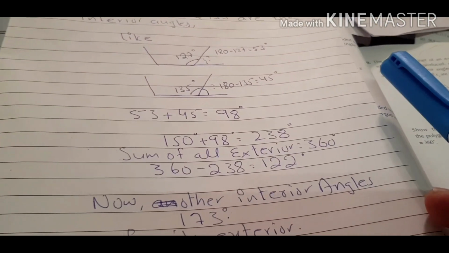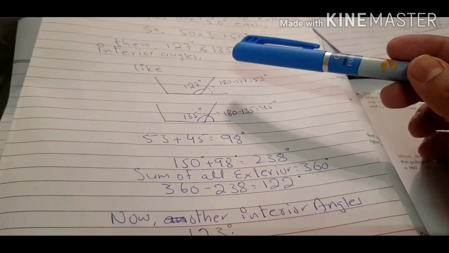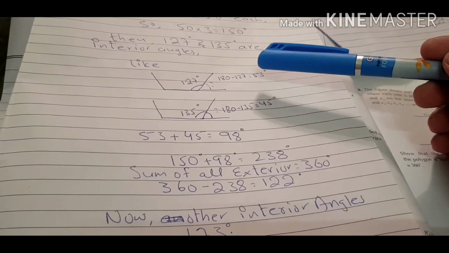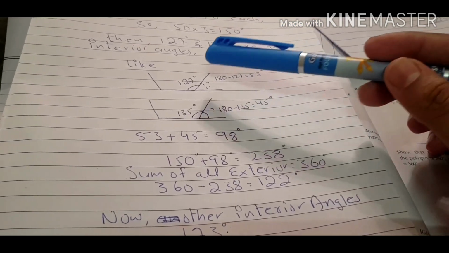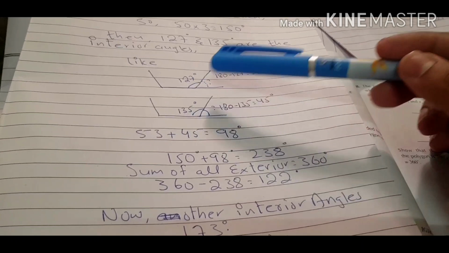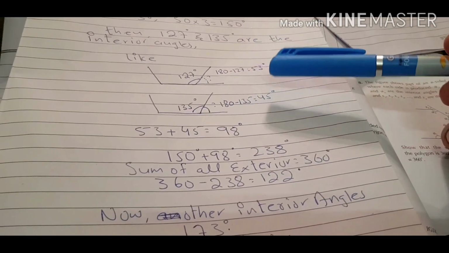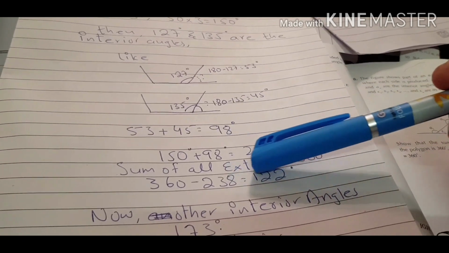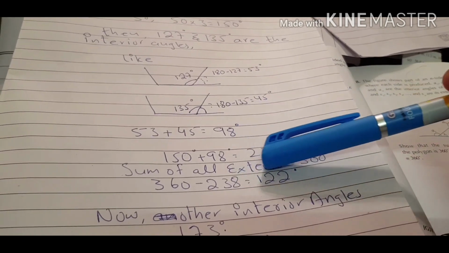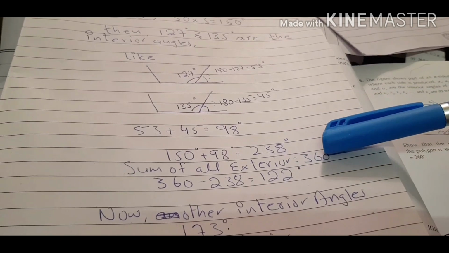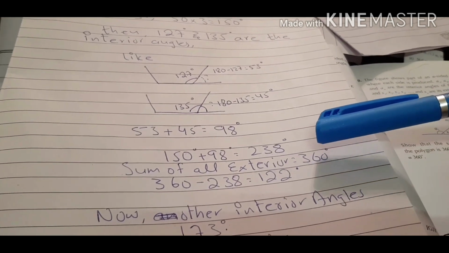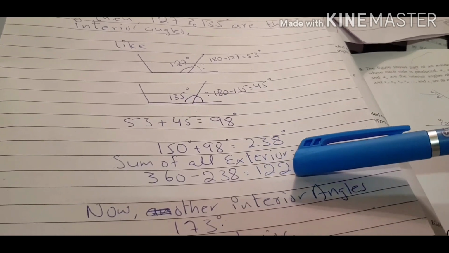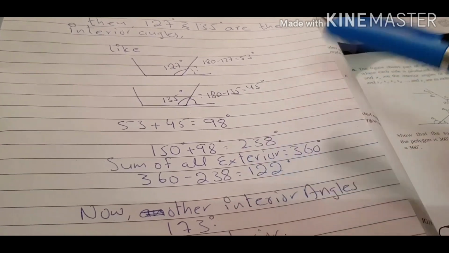Again, I'm repeating this. We had exterior angle 150, then we found the exterior angles for the given interior angles, which were 53 and 45. We added both of these and got 98. So far we have 238 degrees out of 360. The remaining exterior angle we haven't come across is 122.